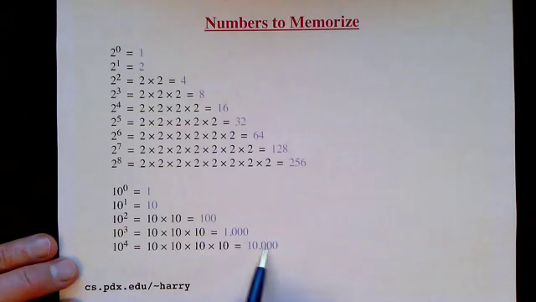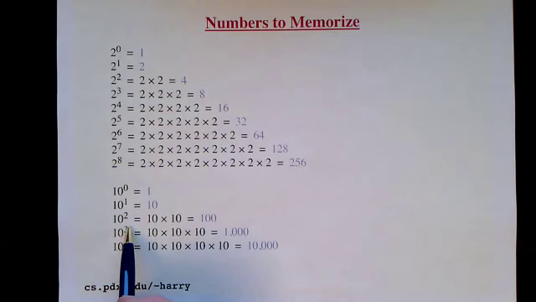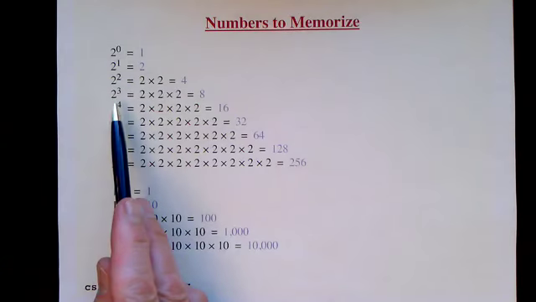So here we have 1, 2, 3, 4, and that's 10 to the 4th. And of course, anything to the first power is just that same thing, and anything to the 0 power is just 1. Of course, anything to the second power, we call that squared, and anything to the third power, we oftentimes say that's cubed. So this is 10 cubed, and this is 2 cubed.